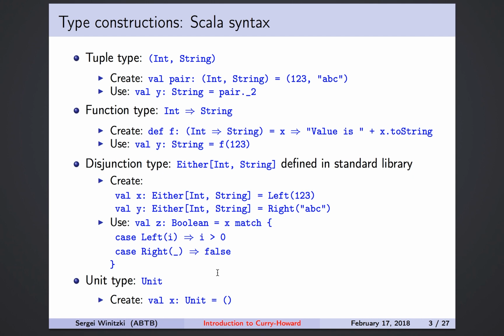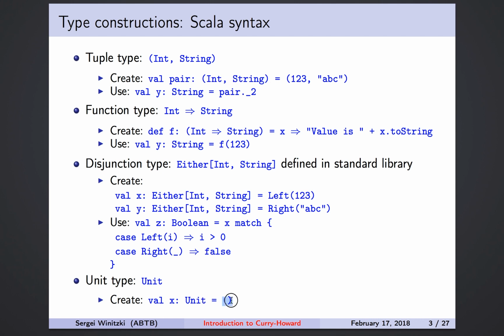The final construction is the unit type. The unit type is denoted with this syntax. It looks like a tuple with no elements inside, a tuple with 0 parts, or an empty tuple. Because tuples could have 1 part, 2 parts, 3 parts, and so on, each part having some specific type. So it could be a tuple of integer, string, Boolean, whatever.